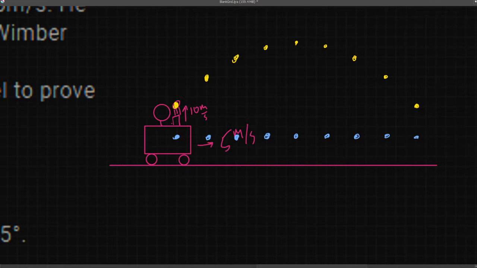And what we end up with is this interesting thing where the cart is always in line with the ball.